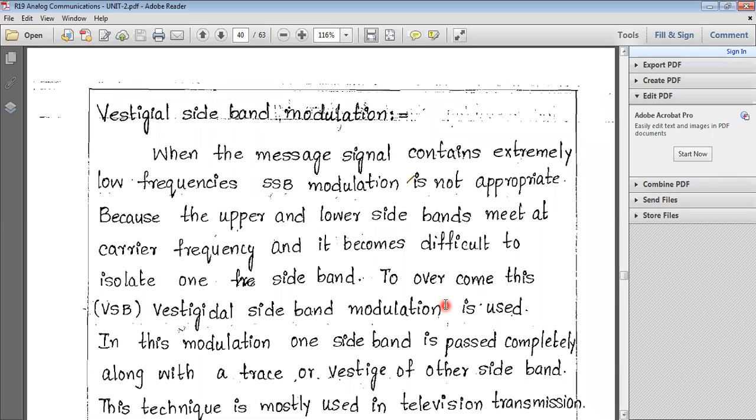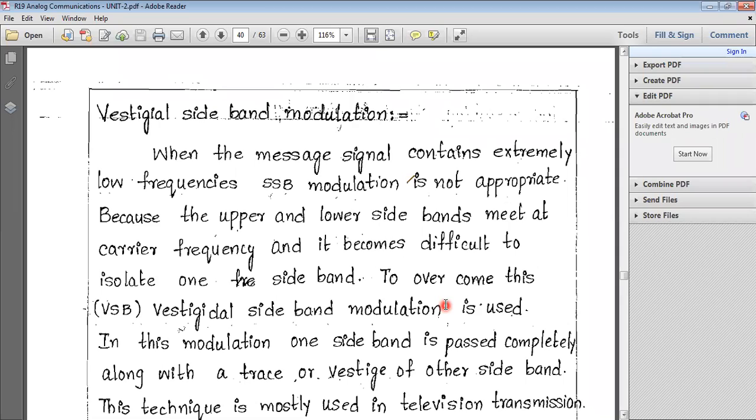Going to the next technique, we must eliminate the drawbacks of previous techniques. So what is the drawback of SSB? In the case of an SSB signal, we transmit only either the upper sideband or the lower sideband.